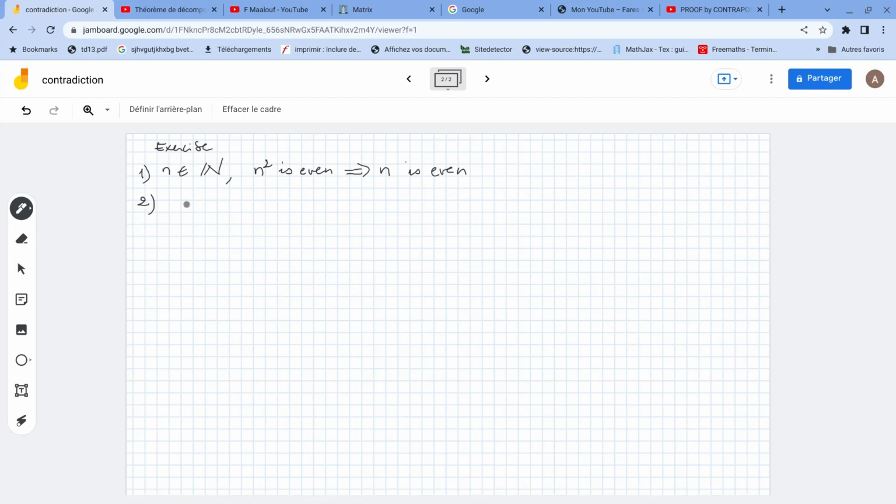Second statement: square root of 2 is not rational, it doesn't belong to the rational numbers. Third statement: square root of 2 plus square root of 3 is not a rational number.